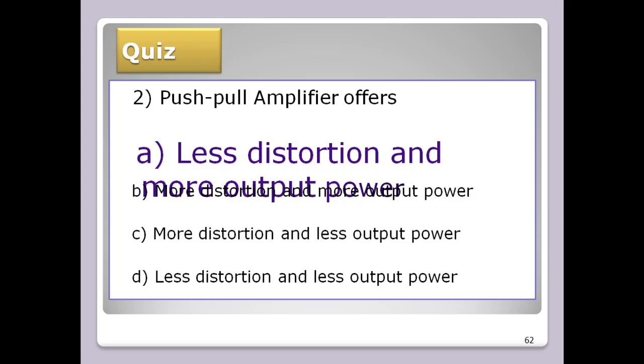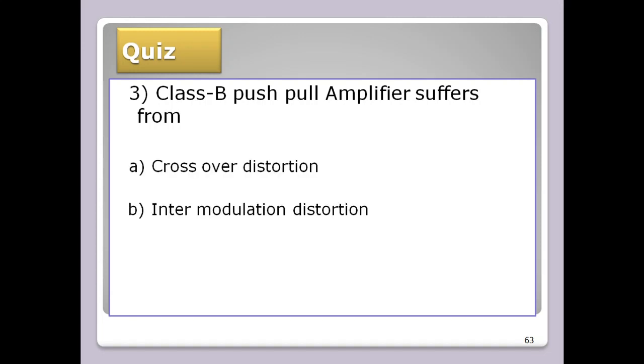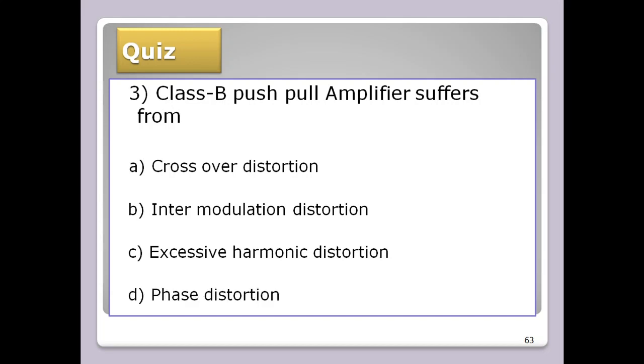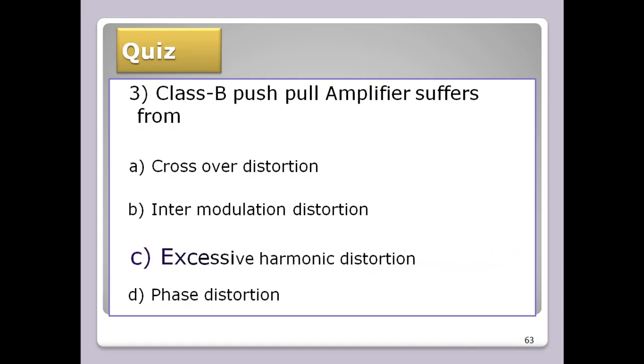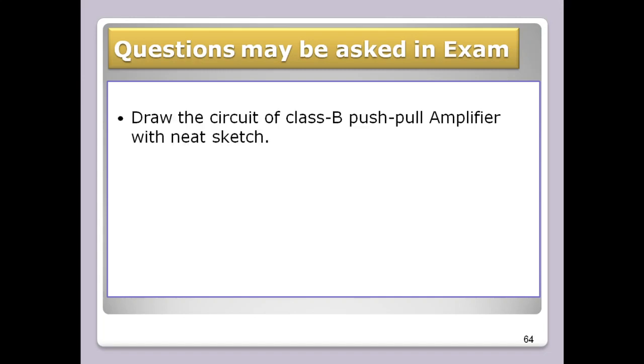Less distortion and more output is the answer here. A class B push-pull amplifier suffers from crossover distortion, intermodulation distortion, excessive harmonic distortion, or phase distortion. Here it is excessive harmonic distortion, because harmonic distortions are introduced in the transformers in this push-pull operation.